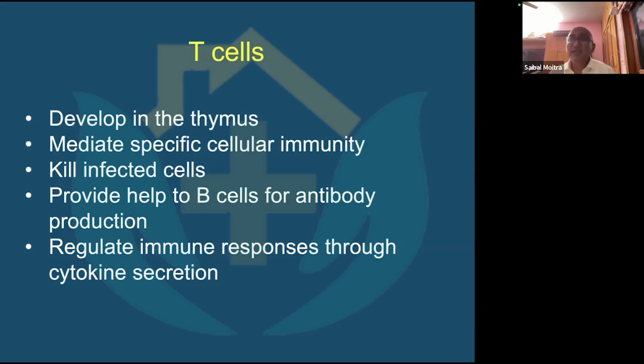In the cortex, it goes through a series of changes. Initially it goes into a double negative phase, DN1, DN2, DN3, and DN4, and then it forms the double positive cell.